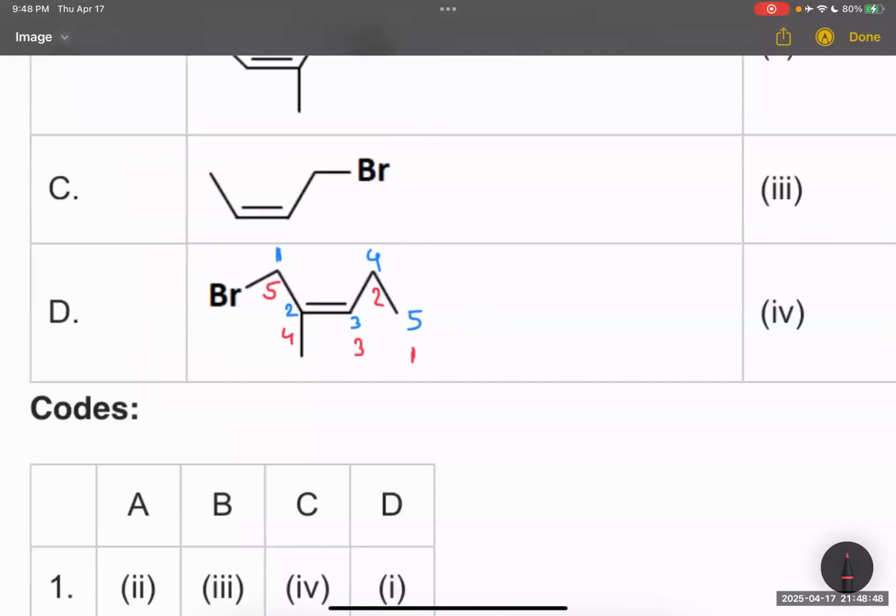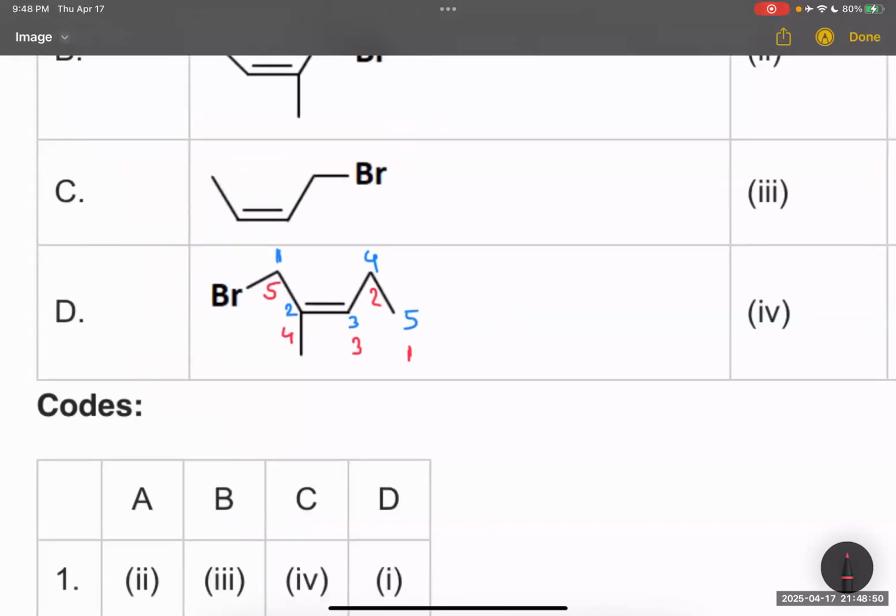The double bond is getting a lower number, 2, in the blue one. I should start the numbering from the carbon atom. Got it? Not from the bromine. Carbon to carbon, end to end numbering. Is that clear? In the blue numbering, the double bond is coming under second position.